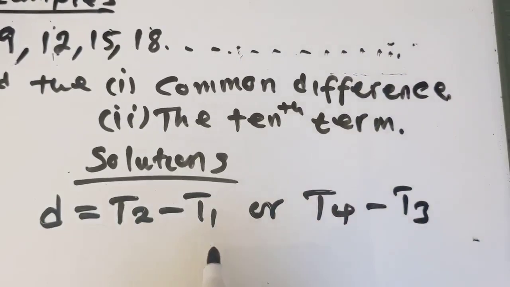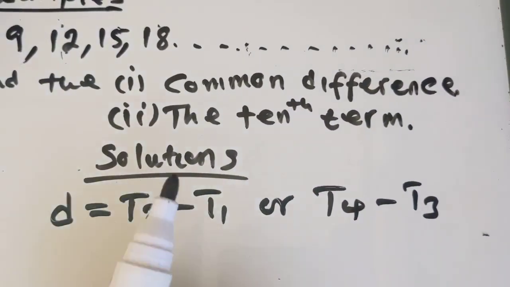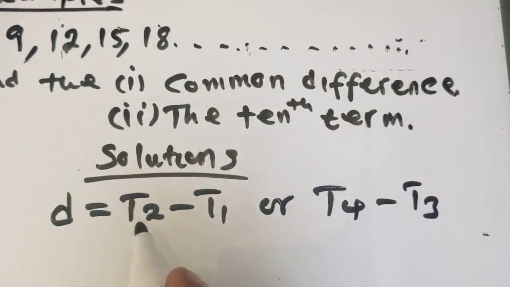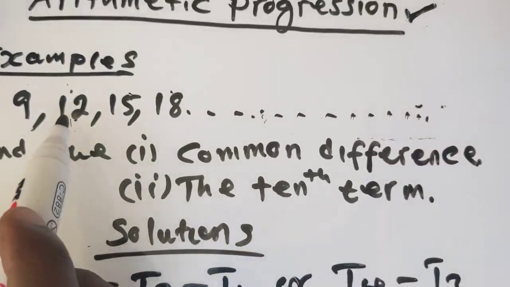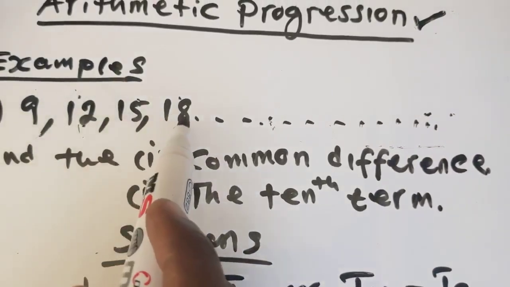The way they are followed is just like that. So you can use either this formula or that formula. Let's try if you are going to find the same answer. If we are using this one, this is term 2. Term 2 is here. This is term 1, term 2, term 3, term 4, like that.